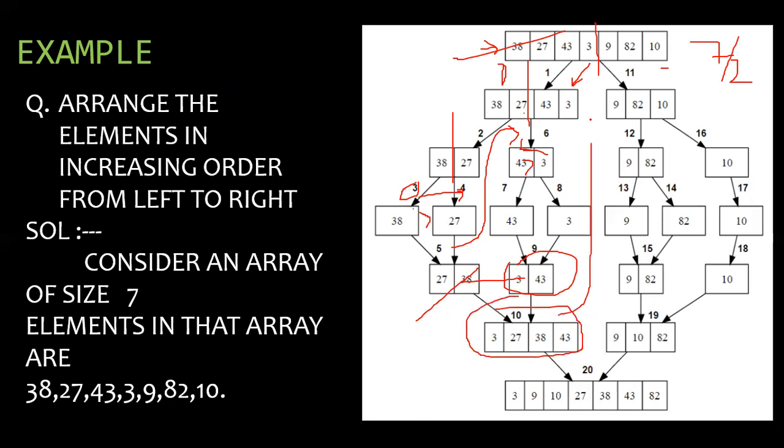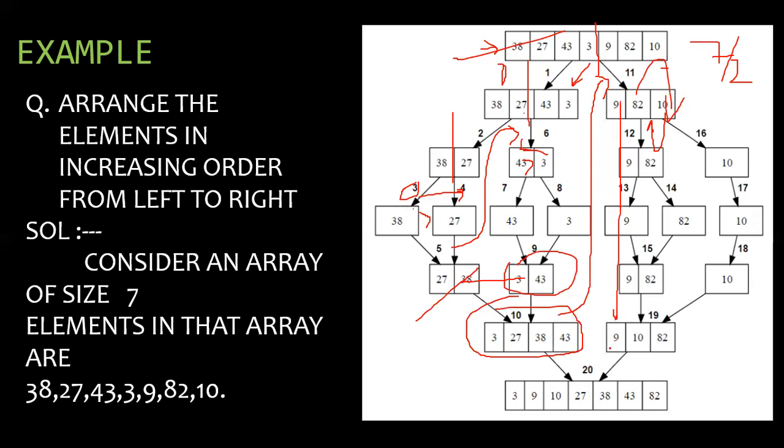Similarly, we have to solve these arrays 9, 82, and 10. As we know that 9 is smallest, it will be at the first position, as we can see here. And 82 is greater than 10. Therefore 82 will go here, and 10 will come at the first position, sorry.